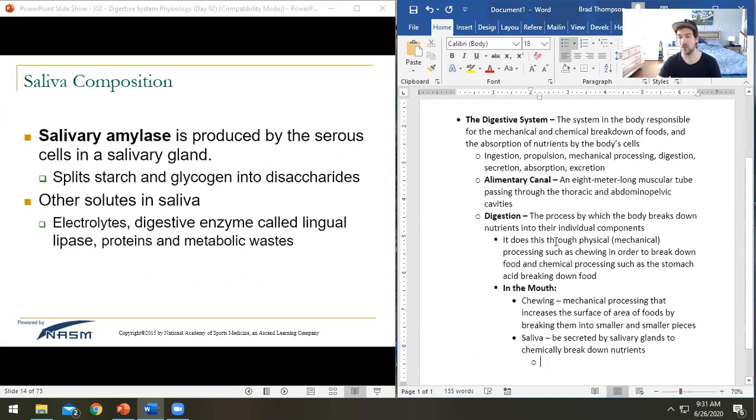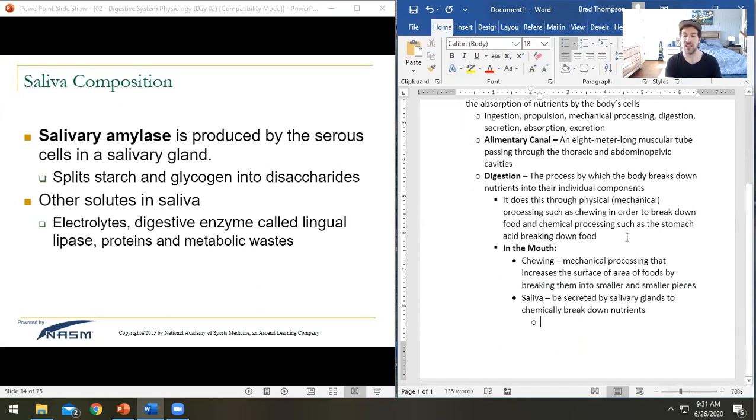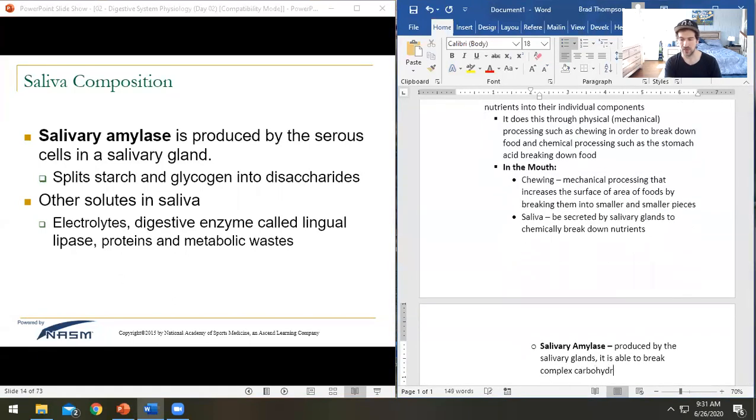The really big one that we want you to know is salivary amylase. Salivary amylase is produced by the salivary glands. It is able to break complex carbohydrates into disaccharides, which are, oops, that's not how you spell disaccharides.